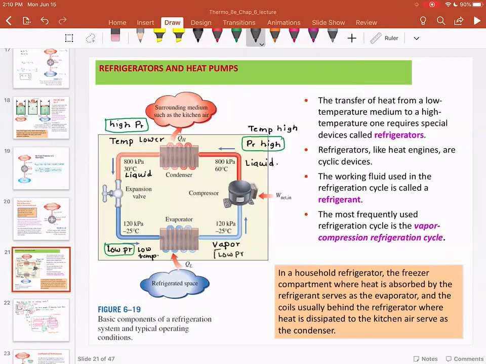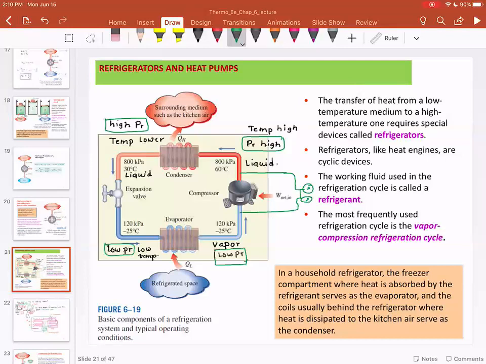I don't know if you have seen those air conditioning and refrigeration techs. What they do is they have a differential pressure gauge. That is called the manifold gauge. There are two pressure gauges and they connect these manifold gauges onto either side of the compressor.